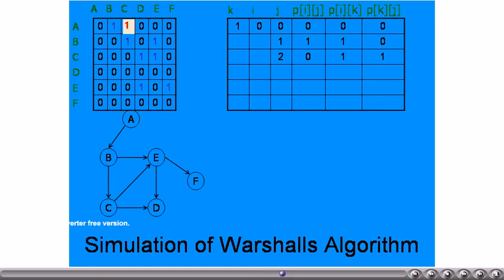That is, currently there is no direct link between 0 to 2, that is A to C. However, we have a route from 0 to 2, that is A to C, via station B, that is pik is 1, pkj is 1. Thus, we are going to make p02 as 1.